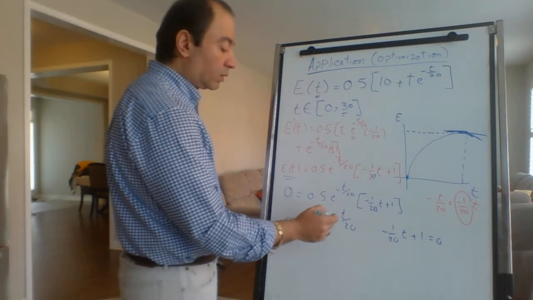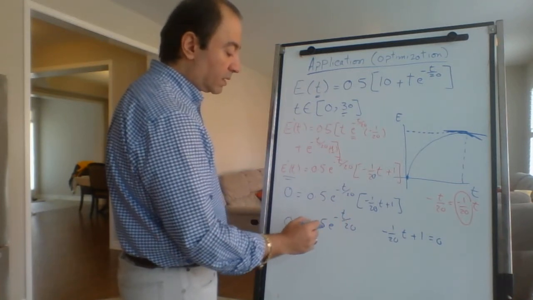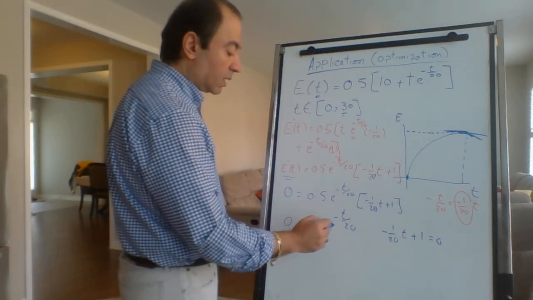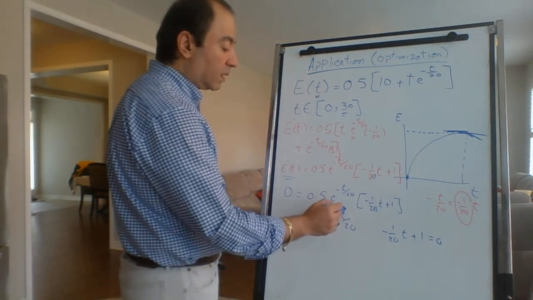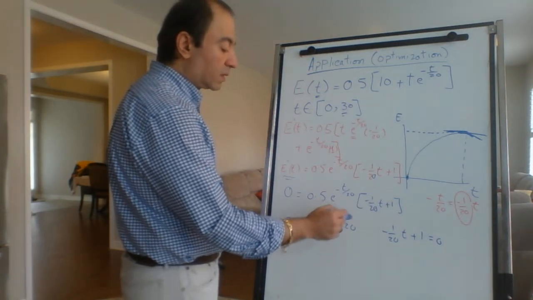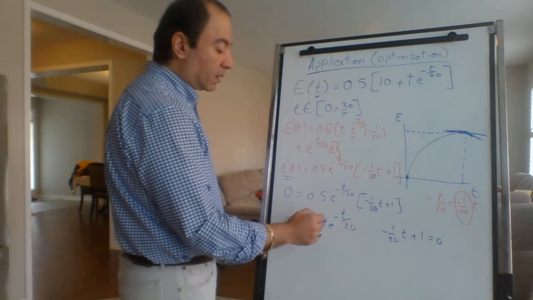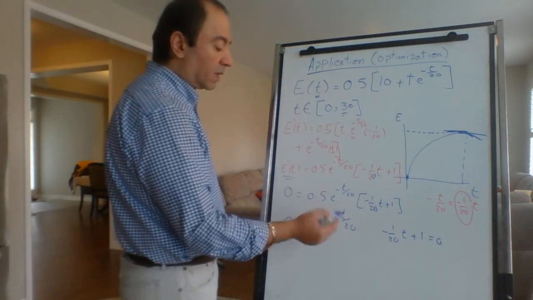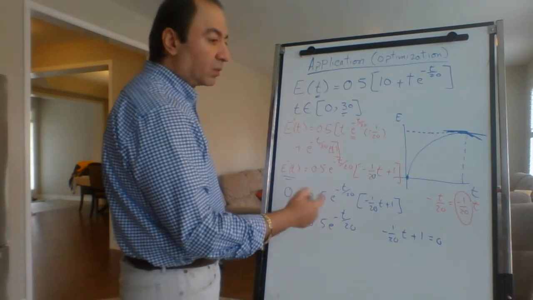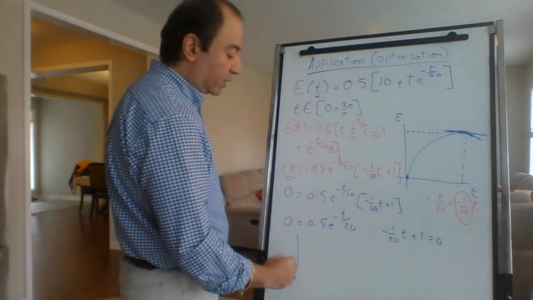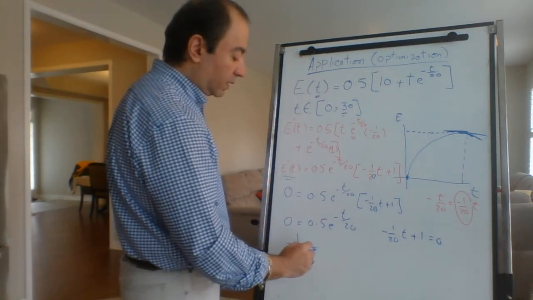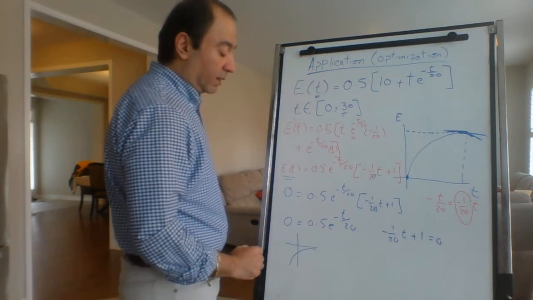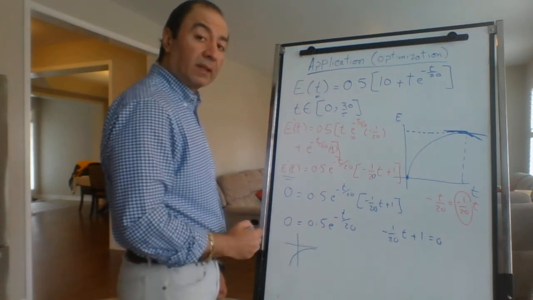In here, I told you many times that this is an exponential function, so there is no exponent that will make this 0. Even if you try to do it by log, or if you imagine how this looks, it has an asymptote at the x-axis.